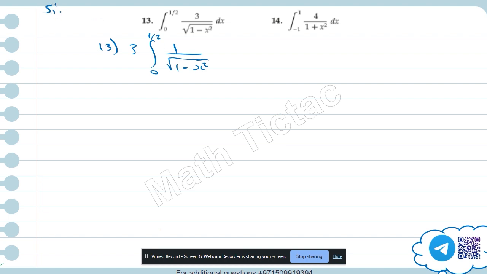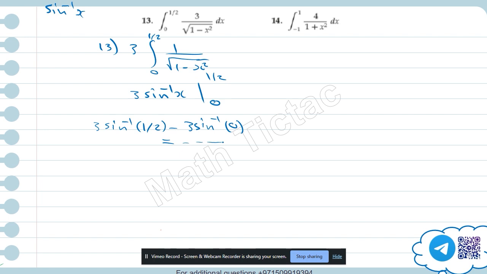This function will be sine inverse of x. So this is going to be 3 sine inverse of x, from 0 to 1 over 2. So directly I will say 3 sine inverse of 1 over 2 minus 3 sine inverse of 0. Then just find the final answer using your calculator.